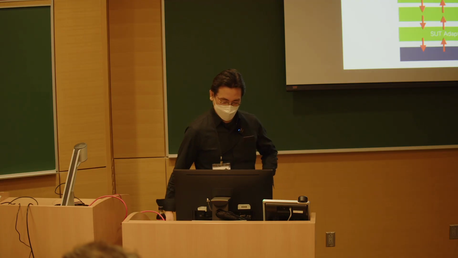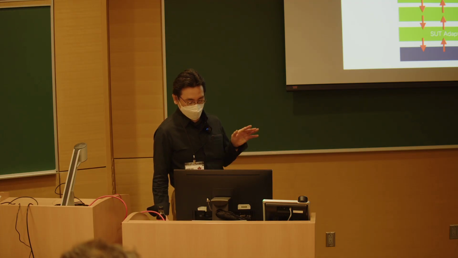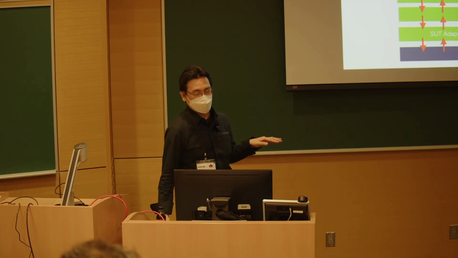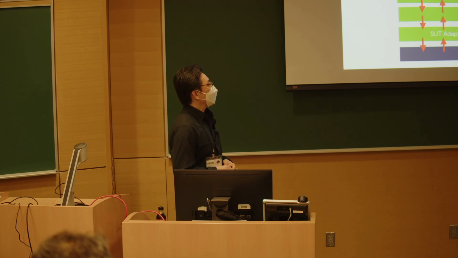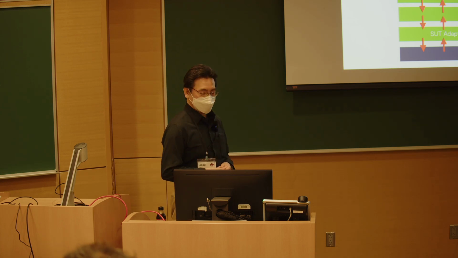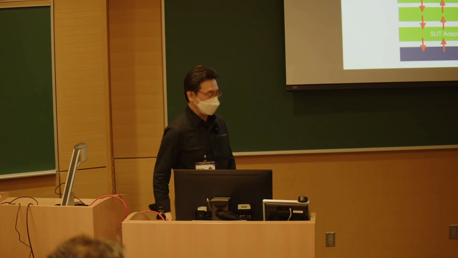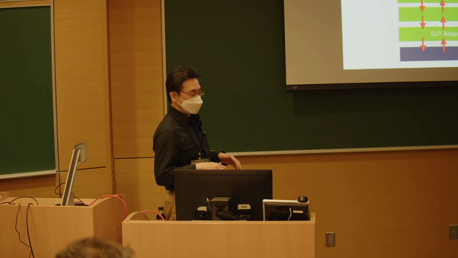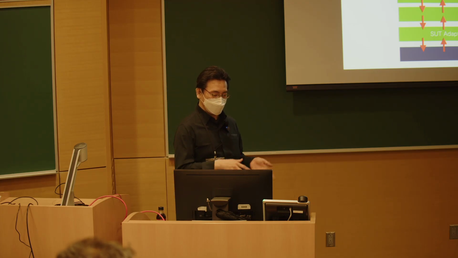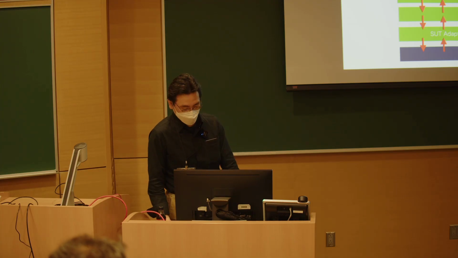But the TTCN3, or the TTCN original version, was developed to test this kind of complex layered system. So the specification is difficult to understand. I cannot explain everything in 20 minutes or so, so I summarized what we should know before trying to use the TTCN3 software. I will explain in the later slides.